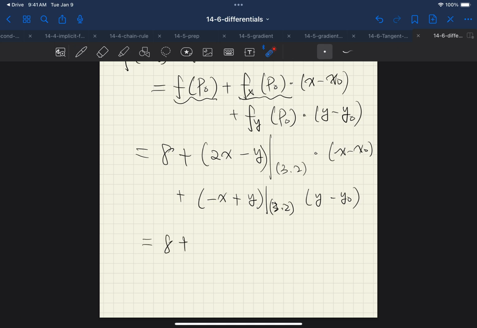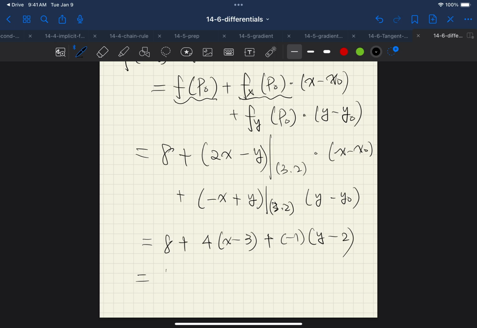If I put (3, 2), then 6 minus 2, which is 4, and x0 is going to be 3, plus, and (3, 2) here, negative 3 plus 2, negative 1, and y minus y0 takes 2 as its value.